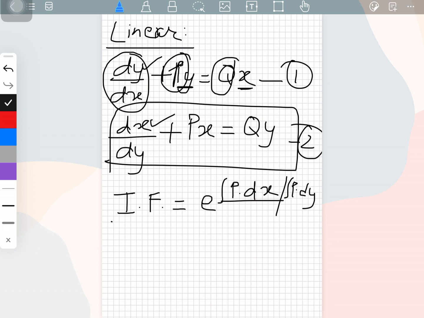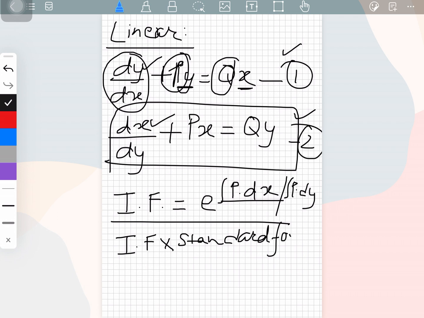After finding the integrating factor, you're going to multiply the integrating factor with the standard form, either the first one or the second one. And finally, if you multiply the integrating factor with the standard form, you will get something like d of y times the integrating factor over dx is equal to something.